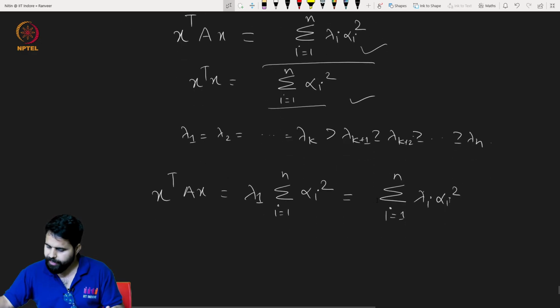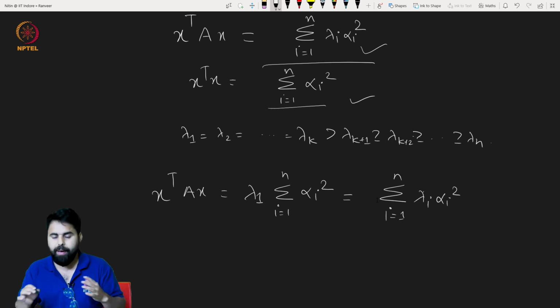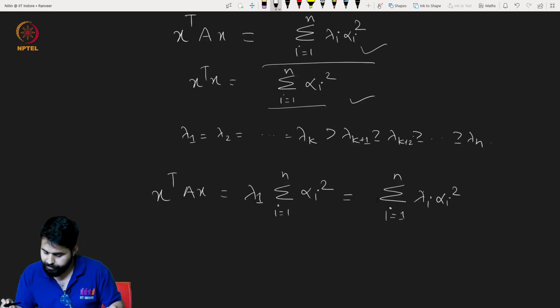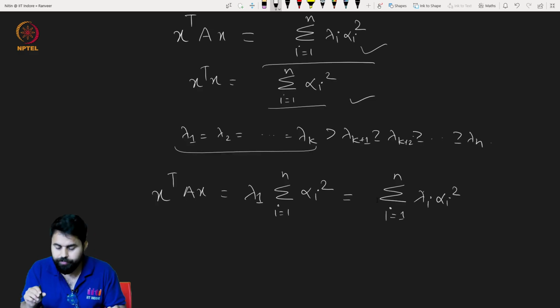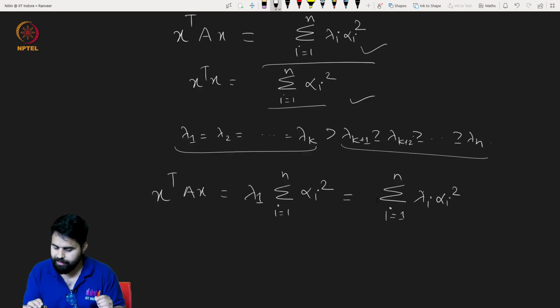The conclusion we can derive from here: remember the first k eigenvalues are the same. I have taken the general case; k could be 1, 2, or maybe even n. It doesn't matter. But here, up to k, all the eigenvalues are the same. Basically the multiplicity is k, and lambda k plus 1 is strictly less than this, so all these eigenvalues are strictly less than this.